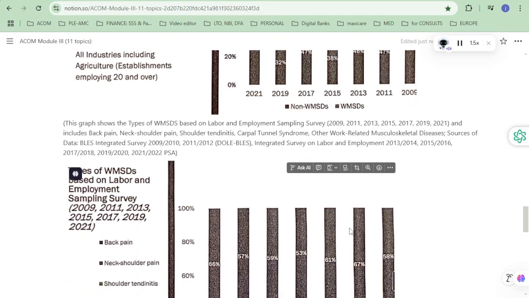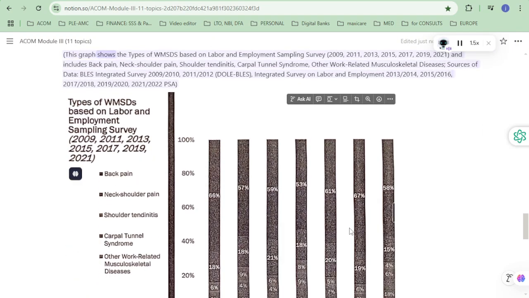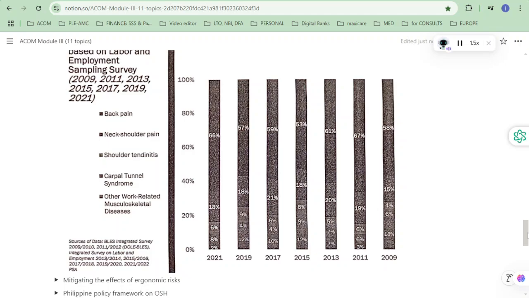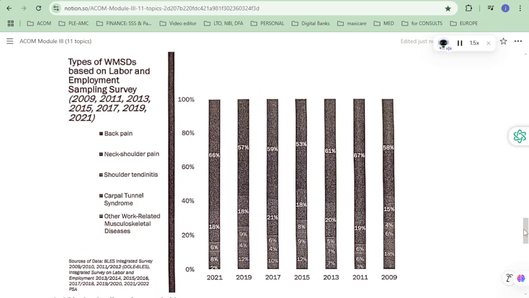Alt text: This graph shows the types of WMSDs based on the Labor and Employment Sampling Survey, 2009 to 2021, and includes back pain, neck-shoulder pain, shoulder tendinitis, carpal tunnel syndrome, and other work-related musculoskeletal diseases.